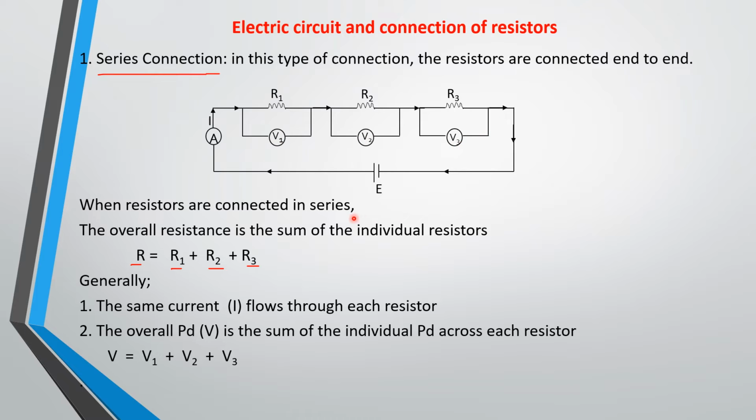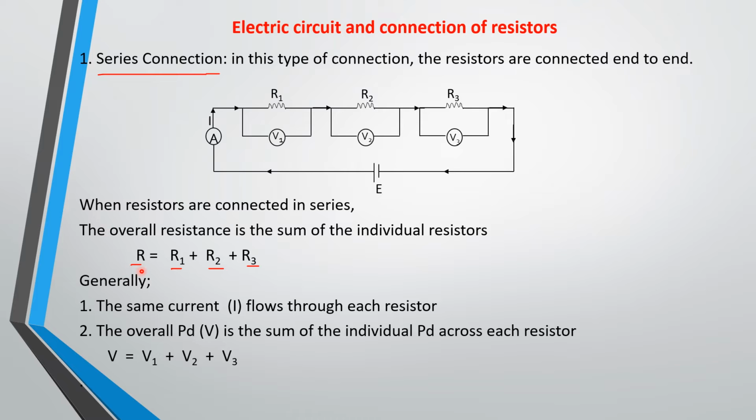If you look at this very well, you find out the current that is flowing through a series arrangement is the same. It is the same current that leaves this ammeter. So anything that this ammeter reads is what will flow through all the resistors.